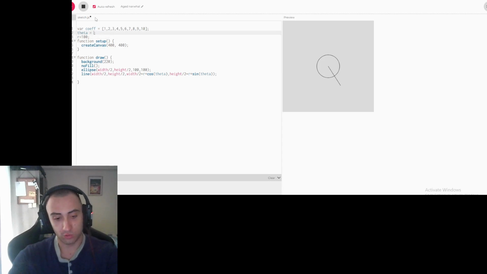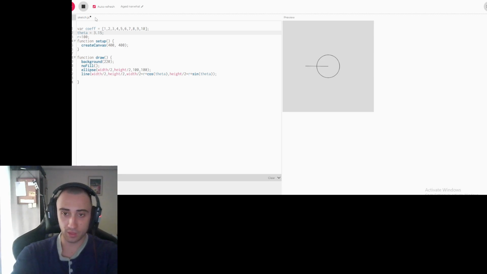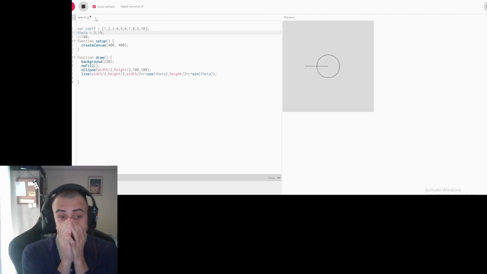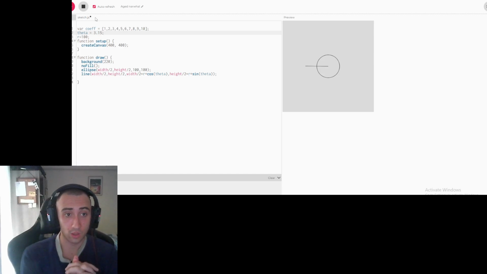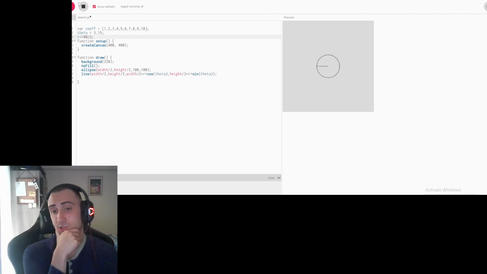Because if I do 3.14, yeah, that's pi. So theta is in radians, and what should I do? R should be 100 divided by 2. All of these will be variables. Yeah, so that is correct. That is what we want.